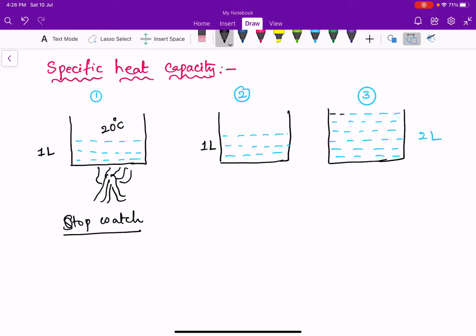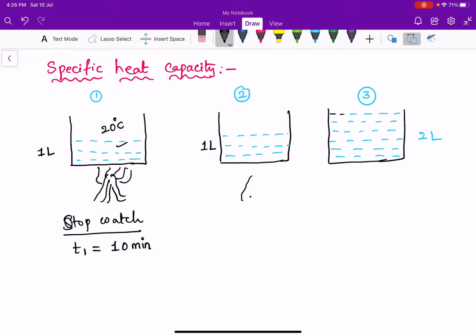We are supplying heat energy to the water so that the temperature of water inside the vessel increases, and note the time taken to raise the temperature by 20 degrees Celsius. Consider the time taken to raise the temperature of water by 20 degrees Celsius is about 10 minutes.